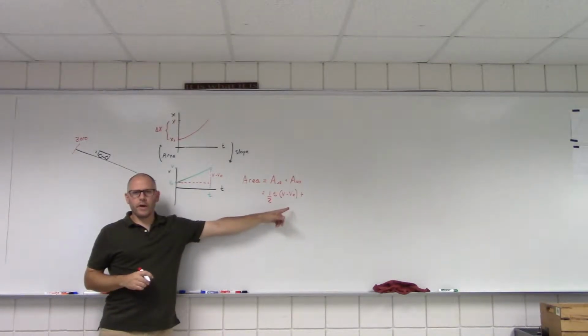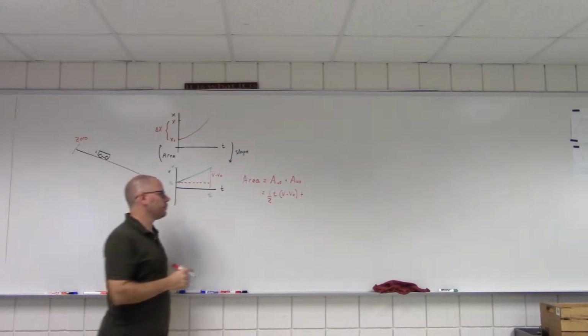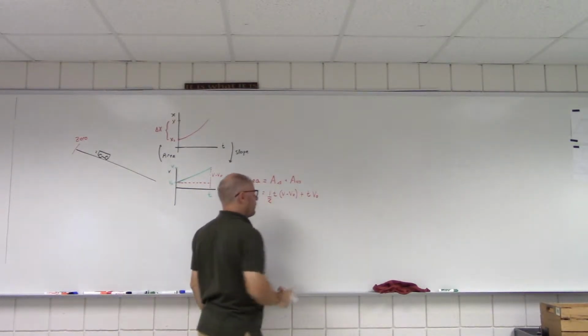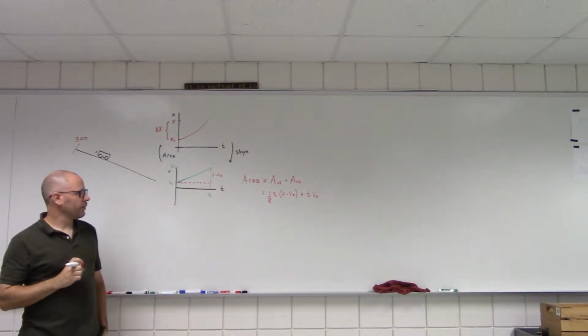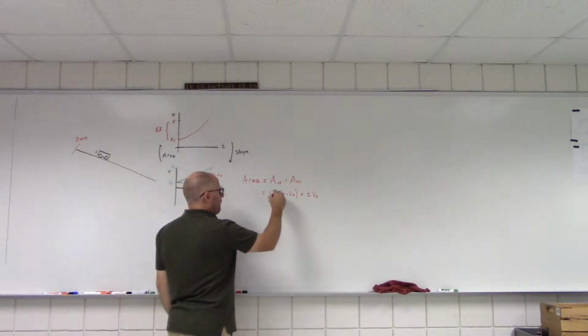This represents the area of the triangle. The area of the rectangle is just base times height, t times v0. So what I'm going to do is distribute and then combine like terms.